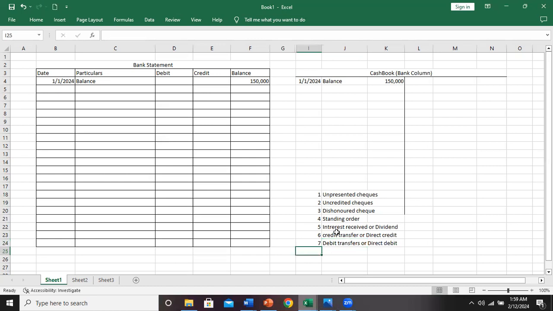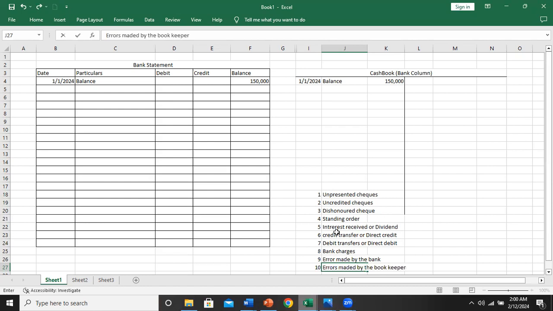Then we saw number 8, the bank charges. And I think the last 2 were errors made by the bank. And number 10, errors made by the bookkeeper.